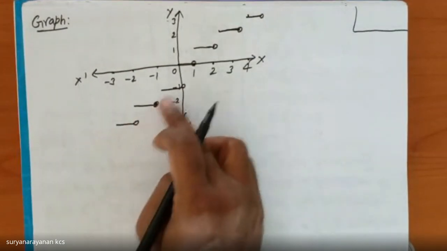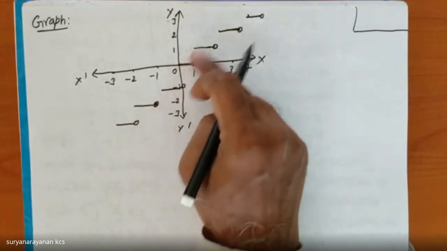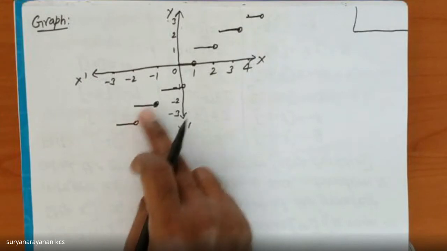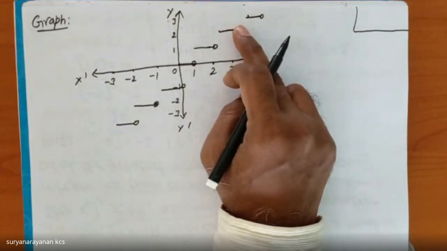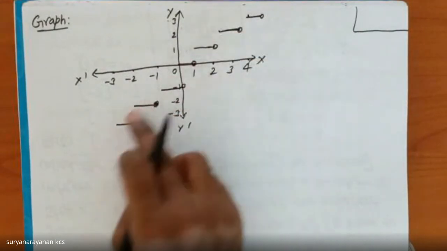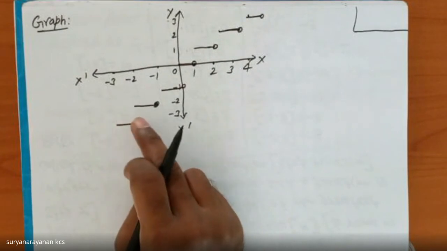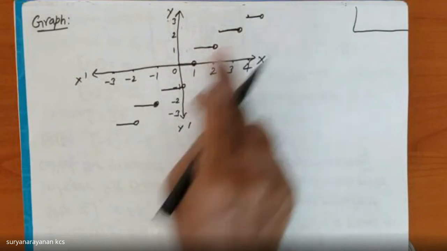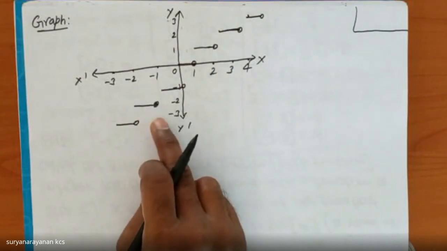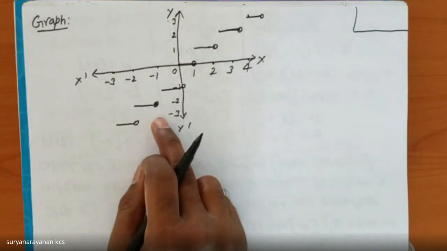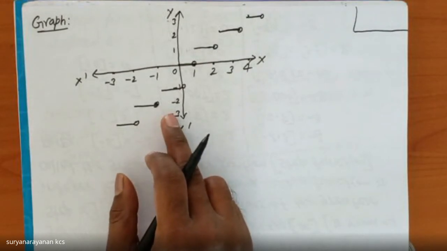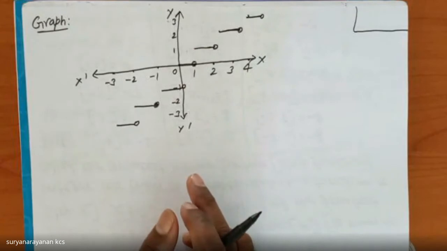If you observe this graph, it looks like steps. That is why this is called step function. This is a graph of greatest integer function or step function because the graph of this function looks like steps. Yes or no? These are the different real functions and their graphs. You have to remember these real functions.